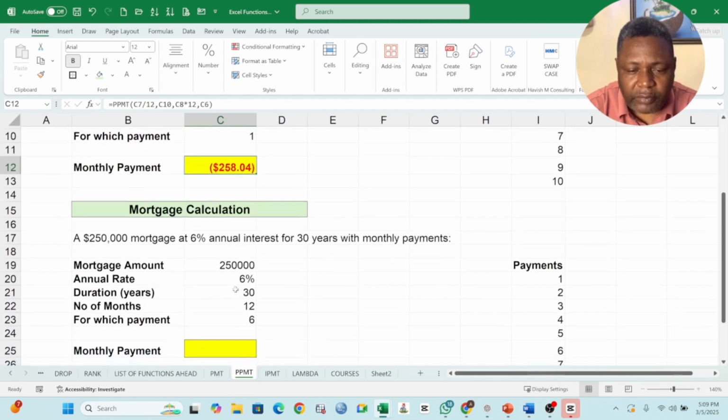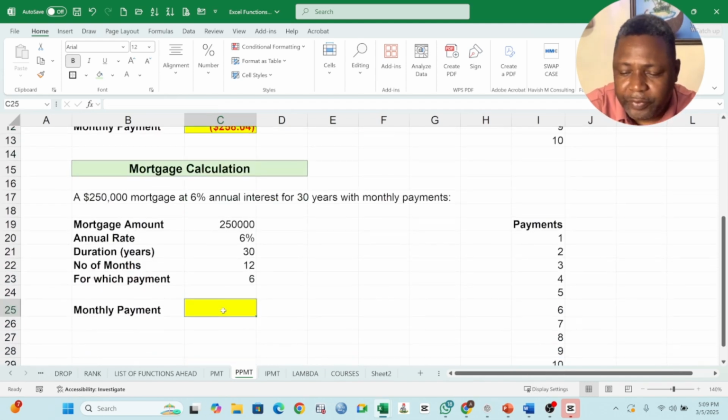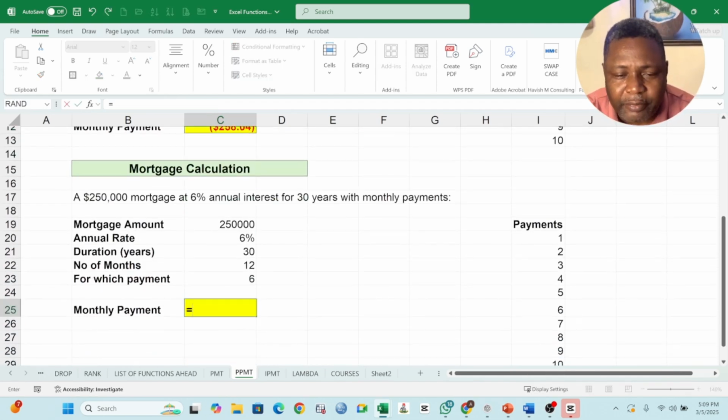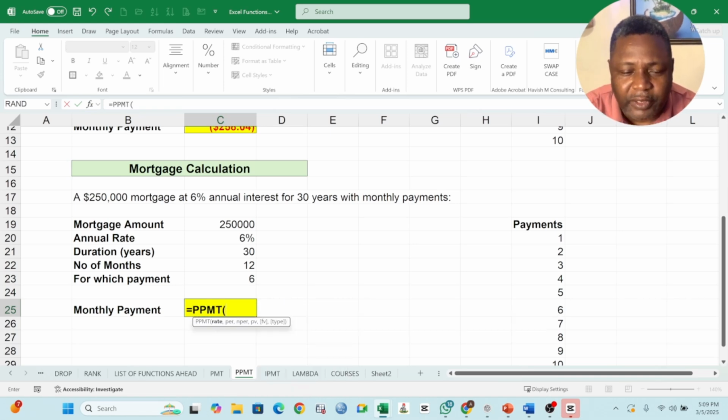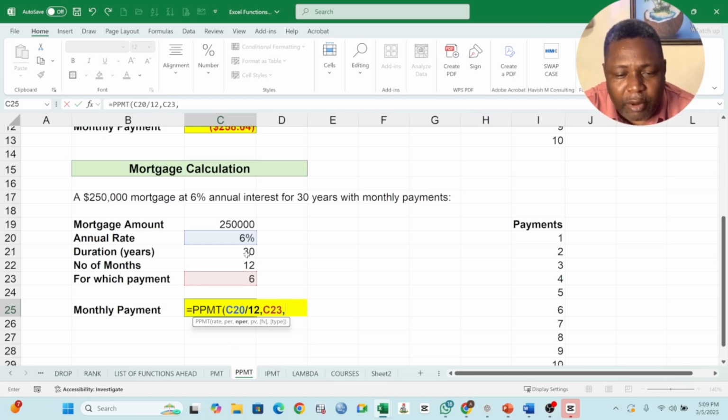Now let's look at another value here. For this, we have the mortgage of 250,000. So PPMT equals, we pick our rate, divide by 12. Then you go which period. This is for the 6th period. We want to see the value for the 6th period, and then the number of payments.